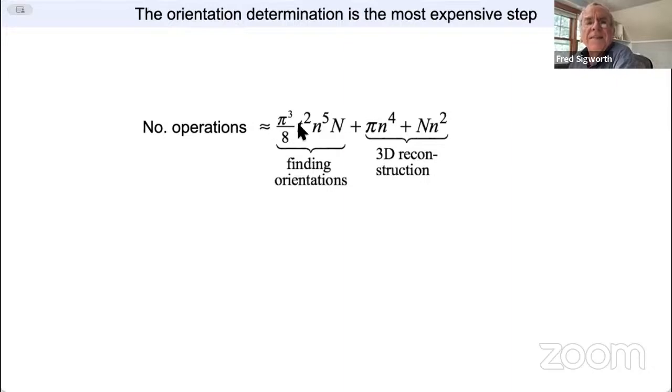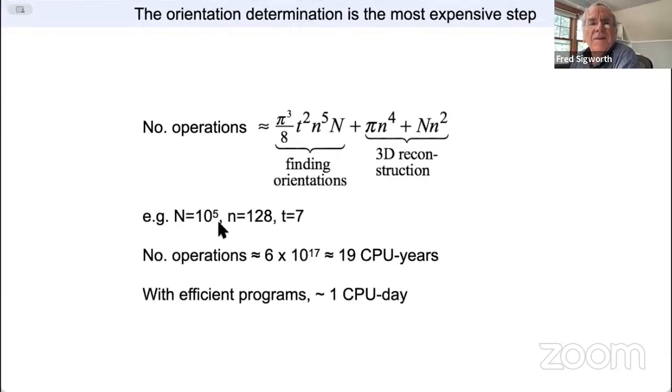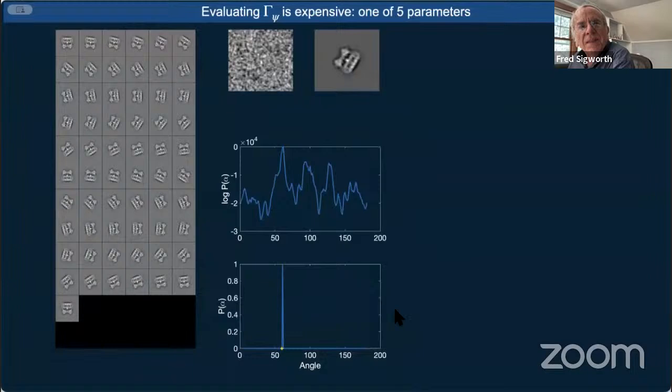T is the number of translations, and the number is huge. So if you put in a typical problem, it's a huge number of operations, and with efficient programs, like RELION, it might be 1 CPU day to find the orientations for 1 iteration. Now with GPUs, this can be 100 times shorter.